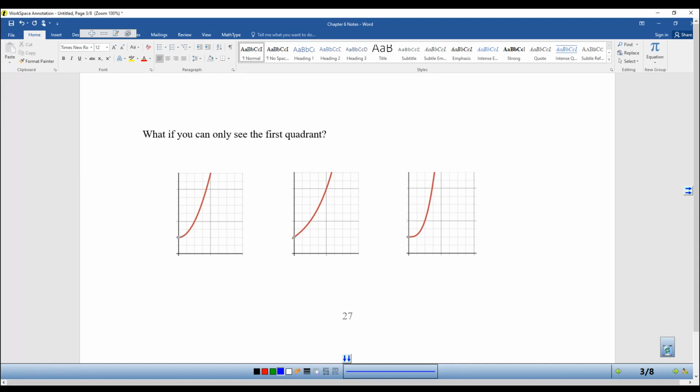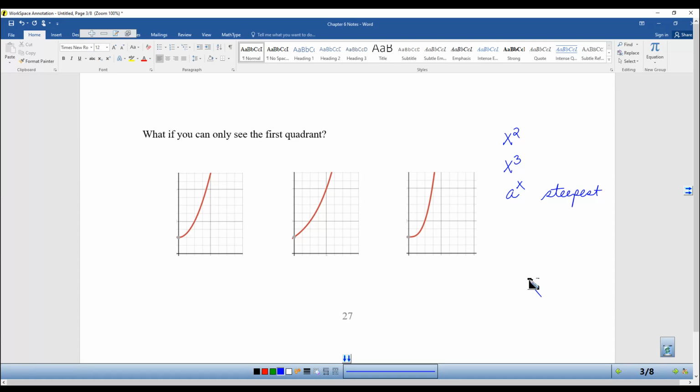In general, what I really want you guys to know is that squareds don't grow as fast as cubes, which don't grow as fast as exponential functions. These are going to be, in general, the steepest graphs you get, because just think about 10.